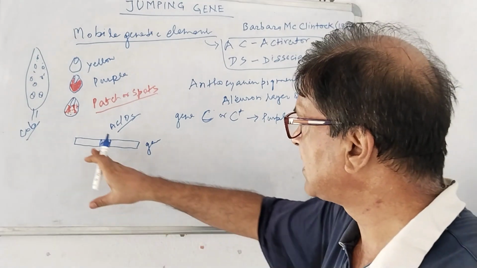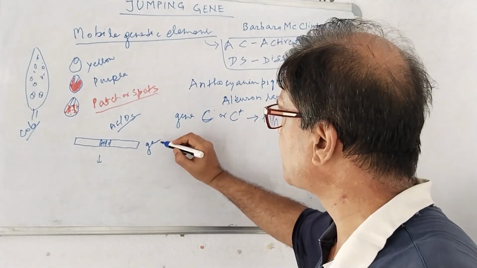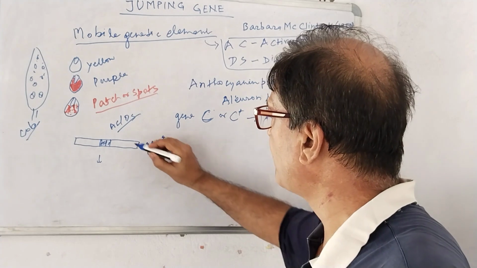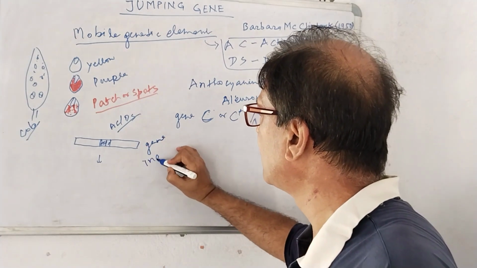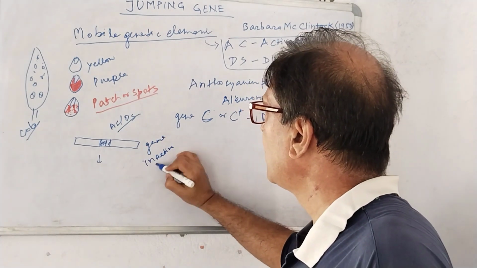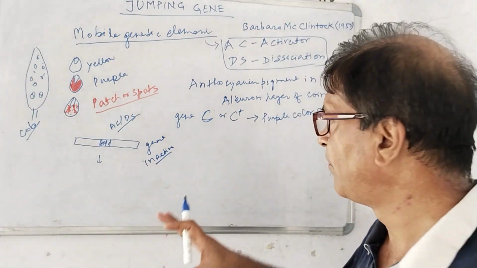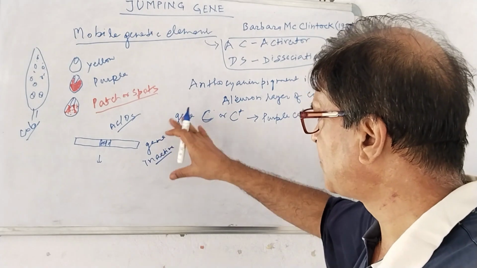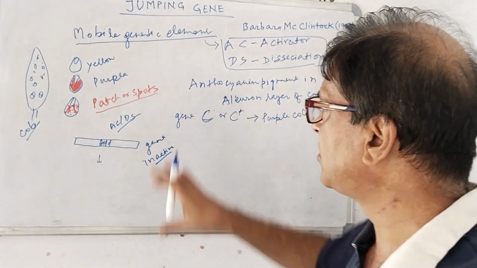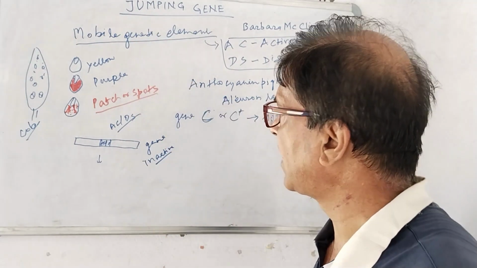Sometimes these get inserted into this functional gene, making this gene inactive. This way, the pigment is not formed, and due to this, there will be yellow coloration.